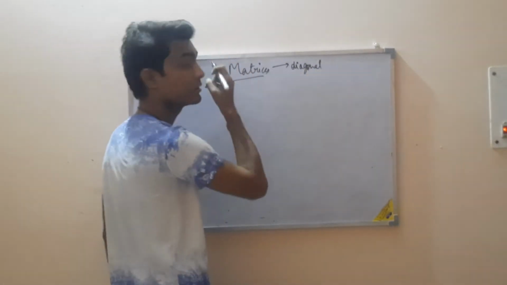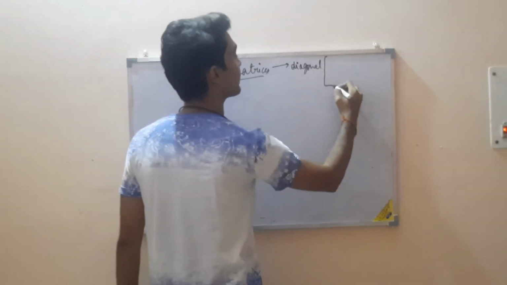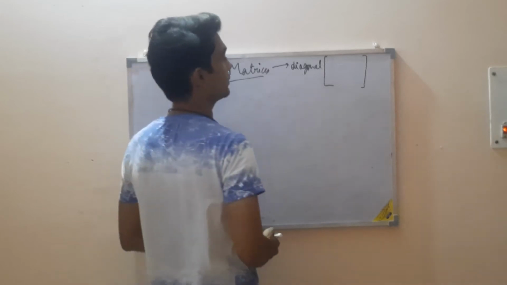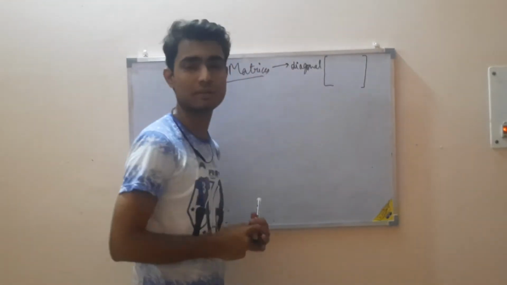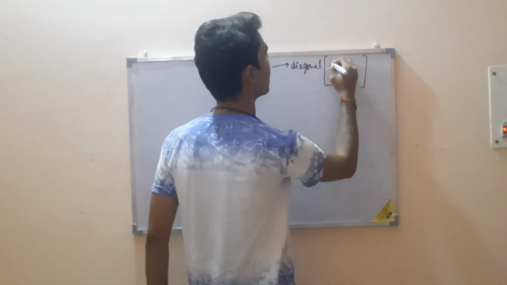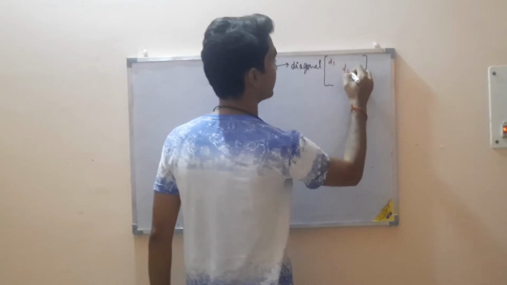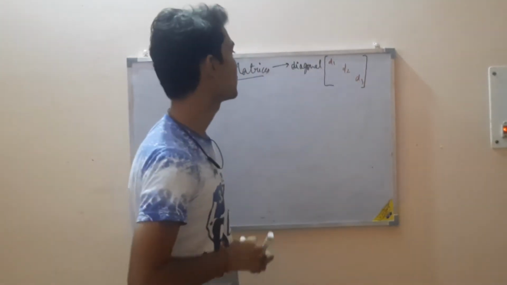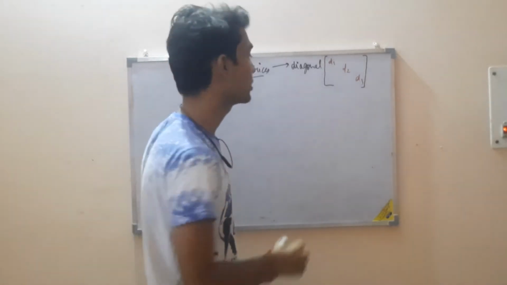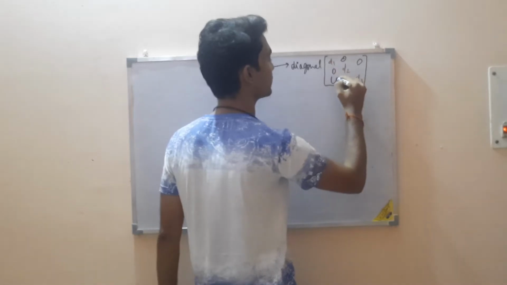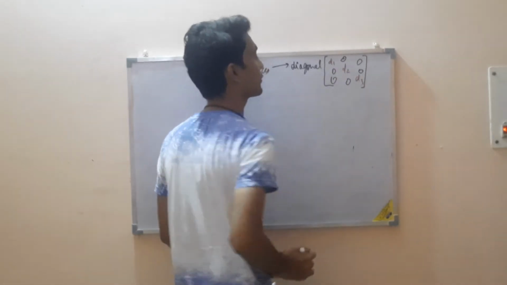Diagonal matrix. Diagonal matrix is, as the name sounds, something related to diagonal values. So it will be d1, d2, d3, where d1, d2, d3 refer to any diagonal value in the matrix, and the rest are 0, 0, 0.